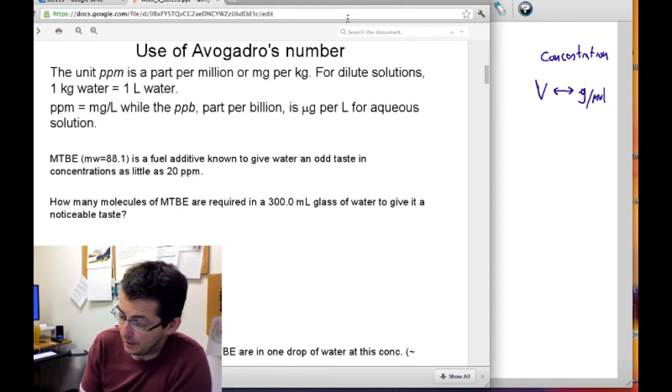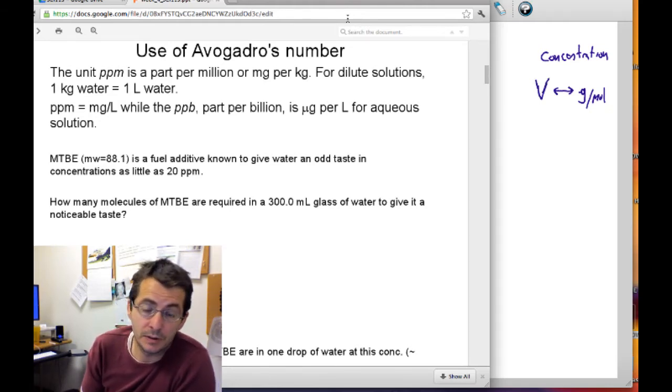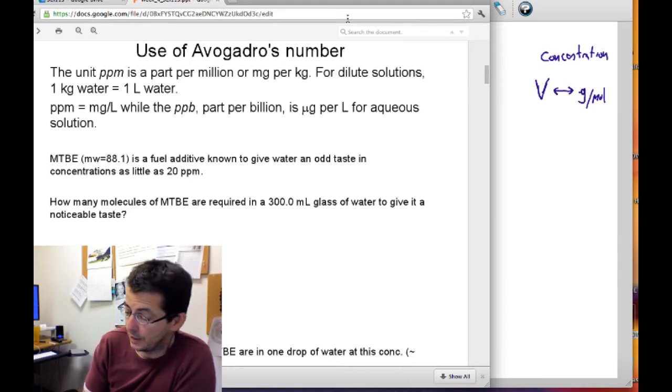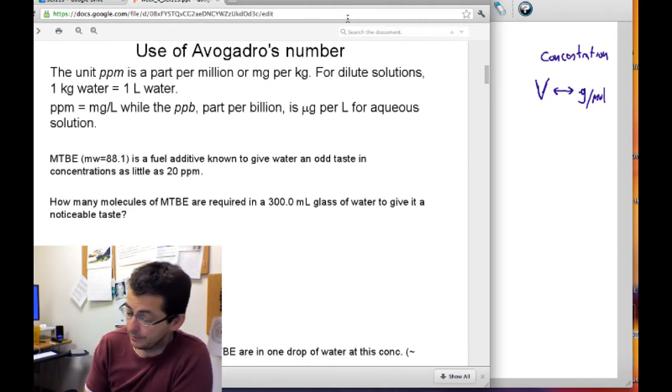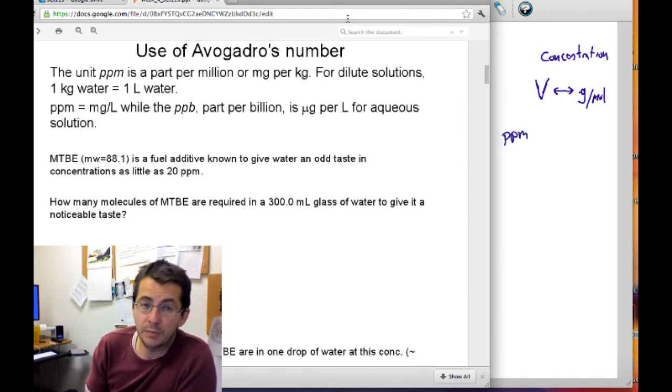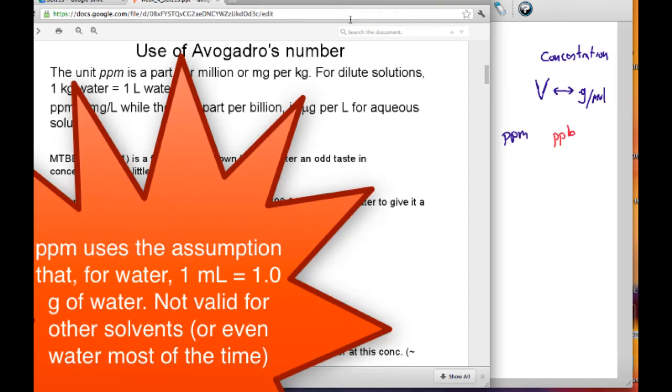So we typically measure out volumes of solutions. With liquids, it's much easier to do than to deal with masses. So we introduce this quantity of concentration. And one typical concentration is the ppm, the parts per million. Probably one you're familiar with, or its little brother, parts per billion.